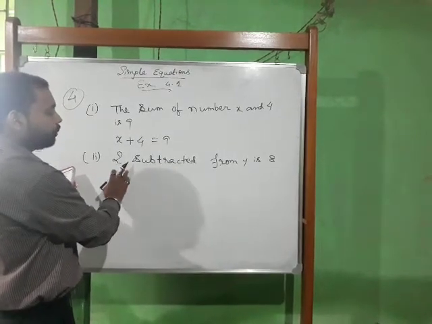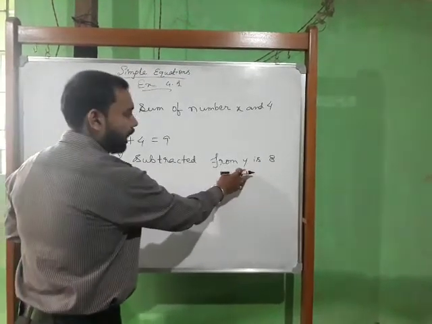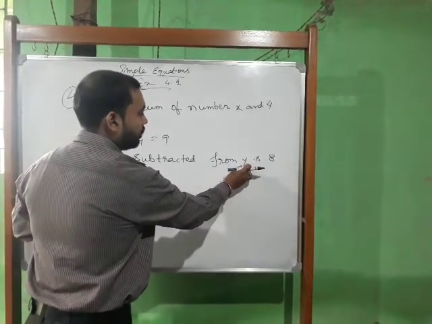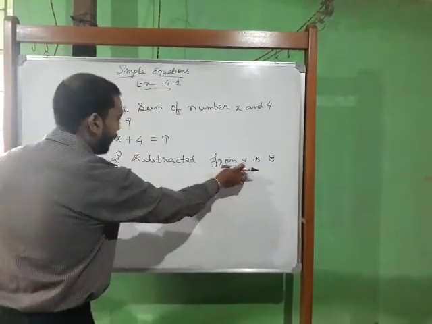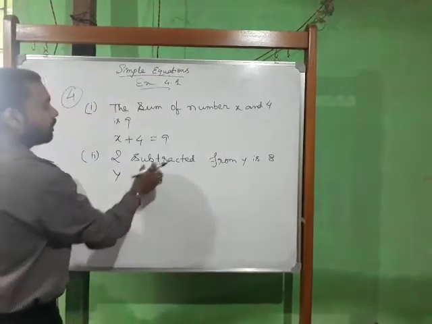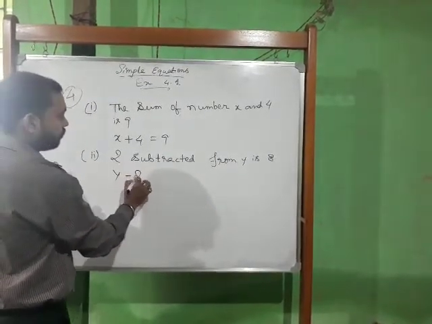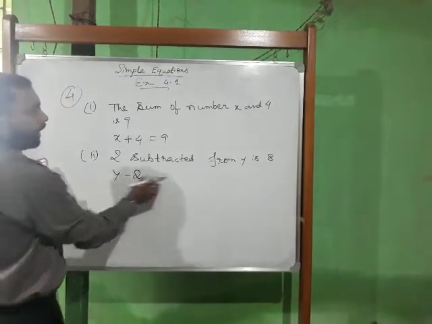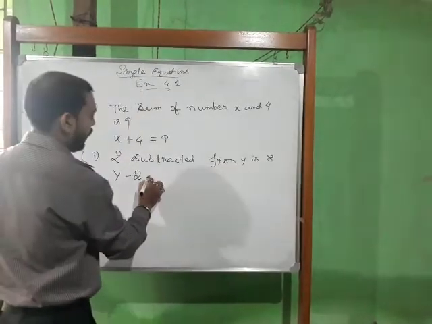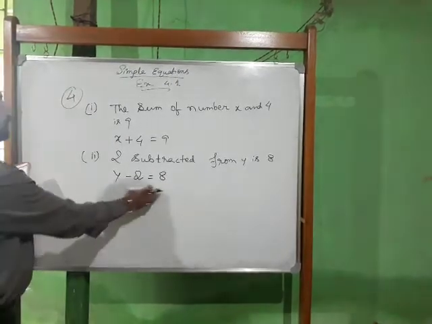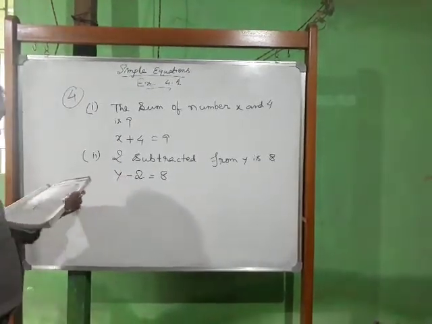If we subtract 2 from y, you know that when we are writing from, this from part will be written at first, from y. So y will be written first. Now subtracted means minus and we give 2. 2 is subtracted from y. It gives 8. So is 8, that means equal to 8. So this is the equation for this statement.